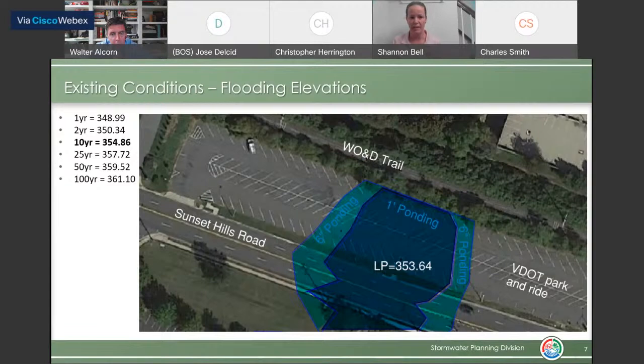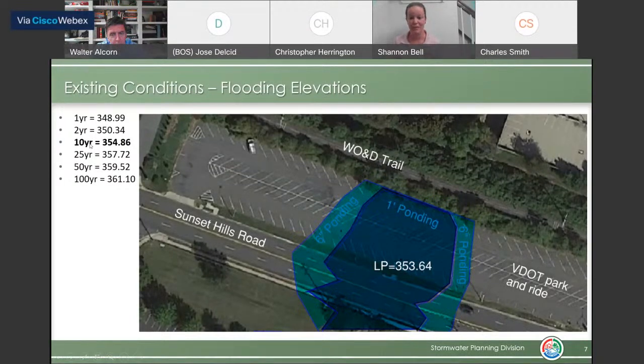So I wanted to talk about what the existing conditions are and why we're experiencing the flooding that's going on here. I had our design engineer do some analysis to figure out when ponding actually occurs. What's the smallest storm event that's going to create ponding in this VDOT park and ride? They determined that it was about the 10-year storm.